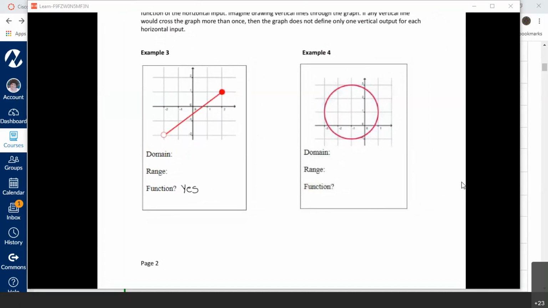Okay. Also, if I want to figure out its domain, what should I put in for the domain here? Okay, you can say it in words. You can write it as an inequality. You can write it as an interval. You have all of those available on your keyboard. What's the domain? What are the allowed x values? -2 and 2. Okay. -2. Am I including the -2? What do you think? No. Okay.